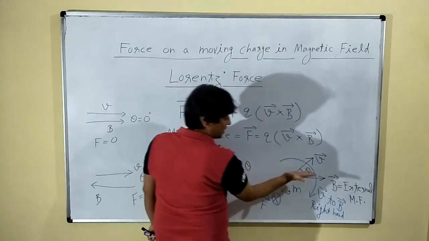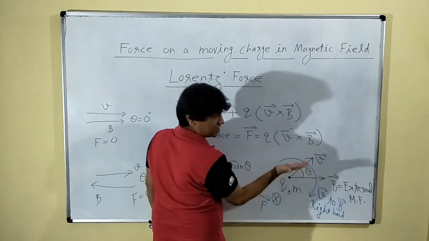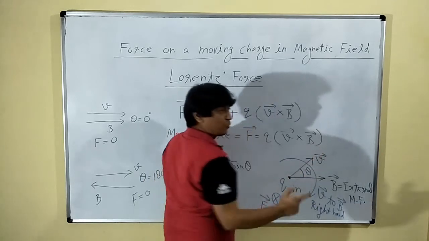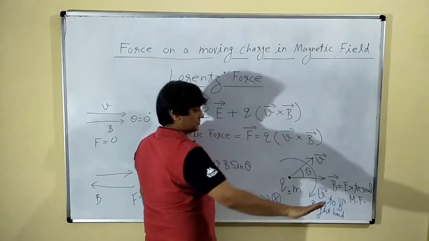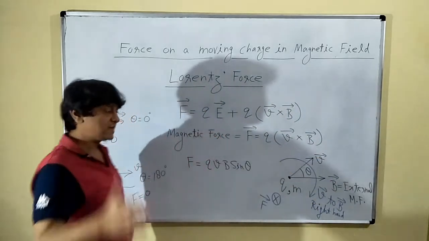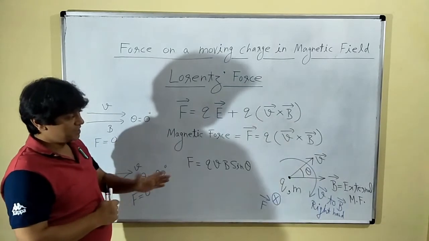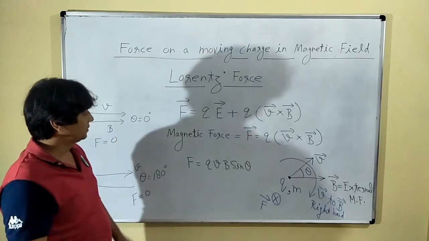If you hold your thumb like this, then the curling is from B to V. But we need a curling which is from V to B. For that, thumb should point like this. And then we'll see a second method later on. अभी के लिए इतनी इंफॉर्मेशन को नोट करिए.